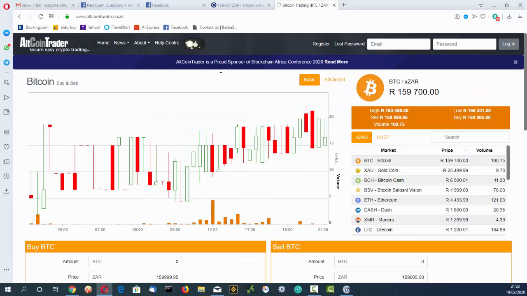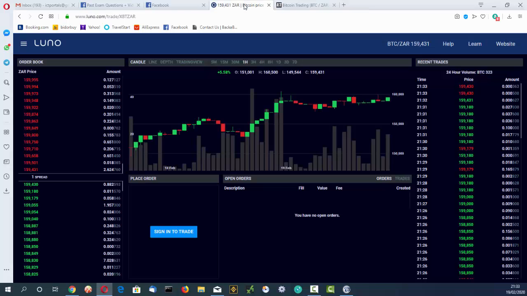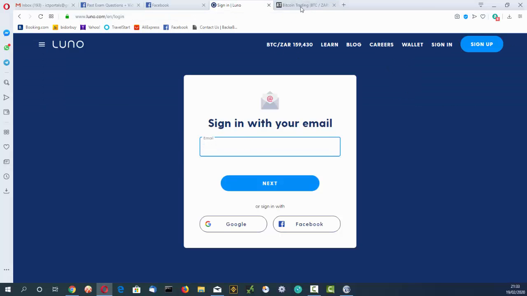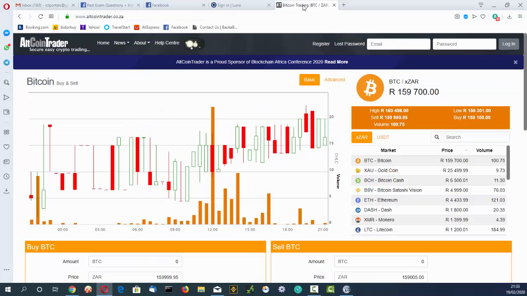These are the two platforms I normally use. Luno is in about 7 countries or more, but AltcoinTrader is a pure local exchange in South Africa.